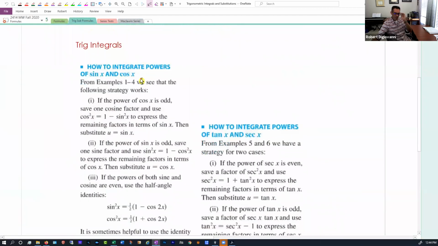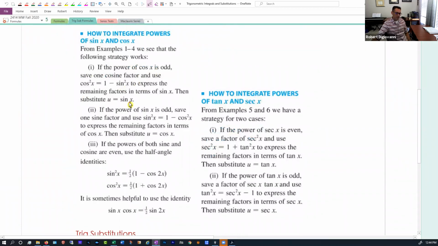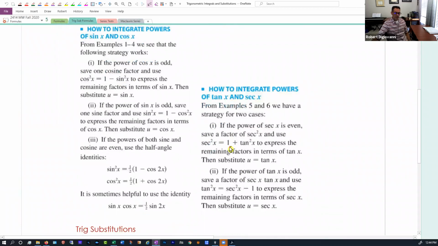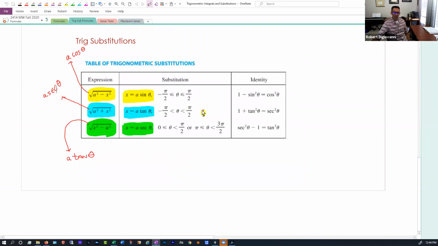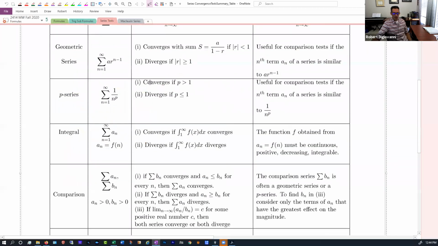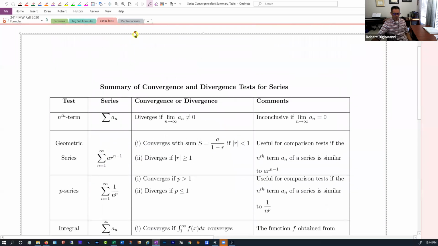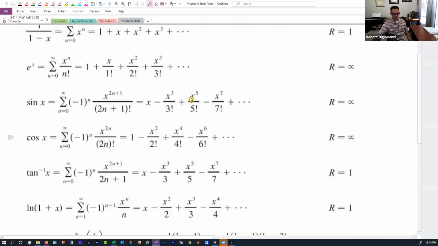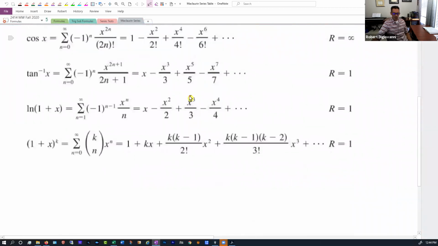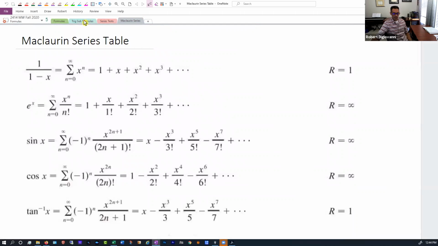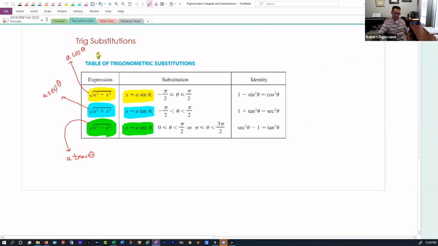This shows you the steps on how to do sine and cosine together, tangent and secant together, and at the bottom of it are the trig sub formulas. I told you you could write these into your formulas, that was okay with me. And then we have series tests, which we haven't covered yet, and Maclaurin series. So those are 2 more sets of formulas we'll be using later. Does that answer your question, Peggy? Yeah. It's all in Canvas.